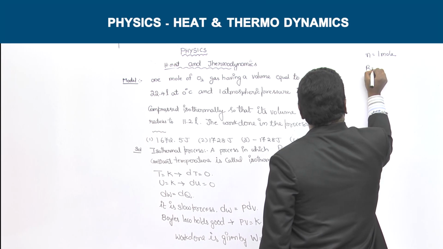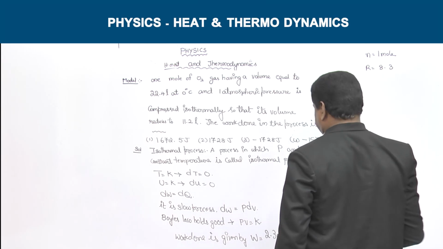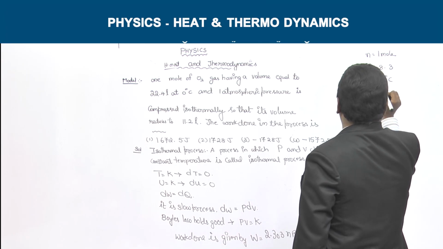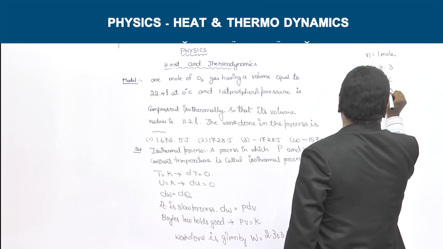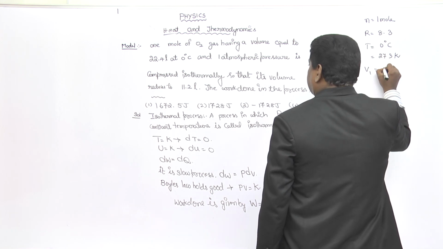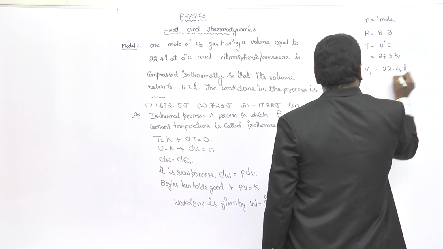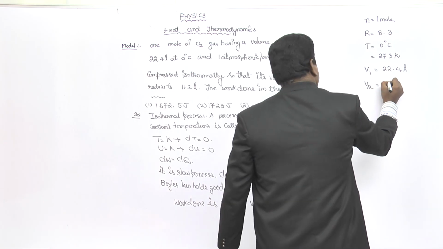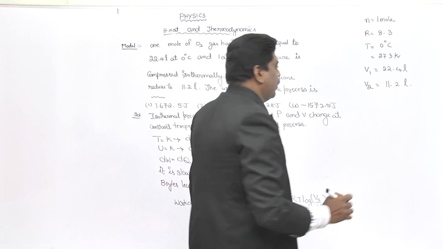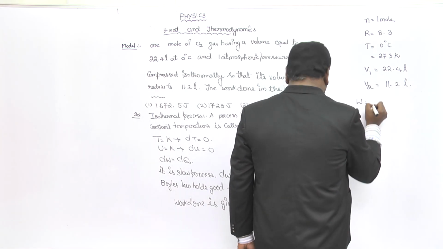R is given as 8.3. Temperature is given as 0 degrees Celsius, which means 273 Kelvin. Initial volume V1 is 22.4 liters. Final volume V2 is 11.2 liters.